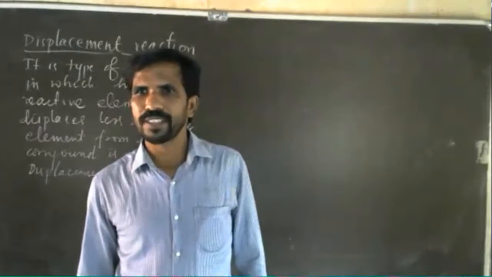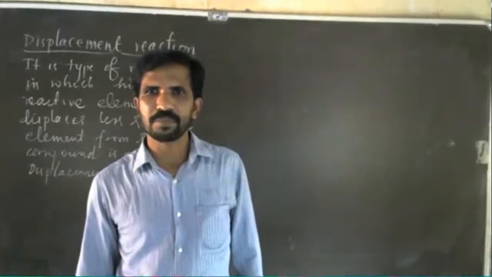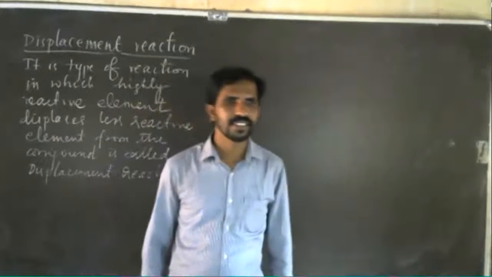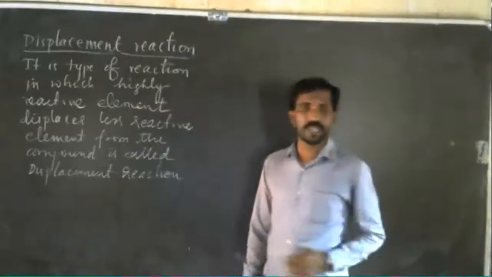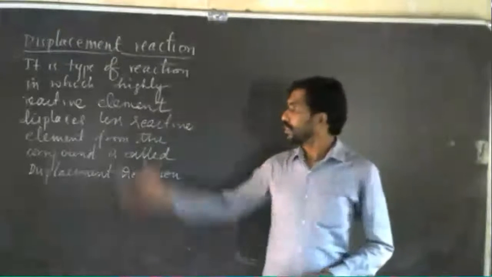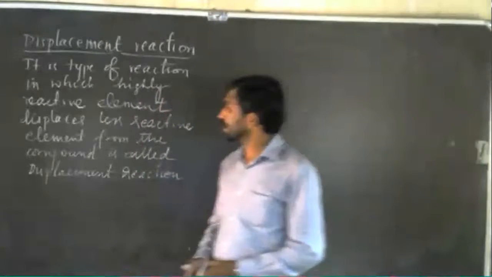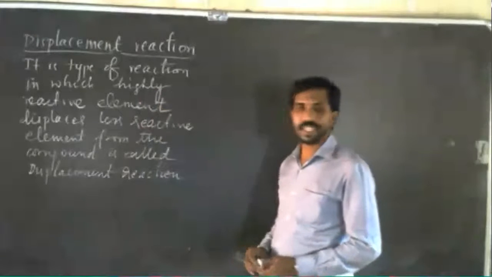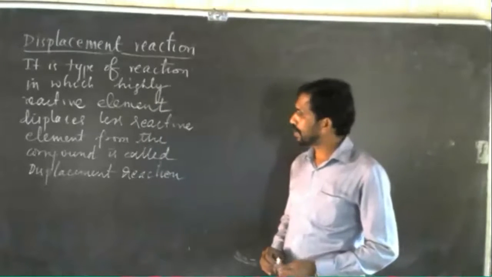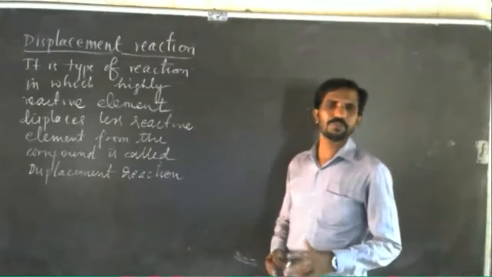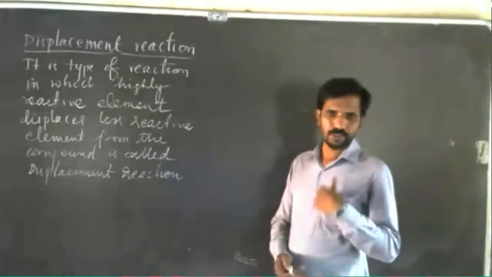So this is the definition of the single displacement reaction. One of the elements will displace another element from a compound. See here, it's a type of reaction in which a highly reactive element displaces a less reactive element from the compound.